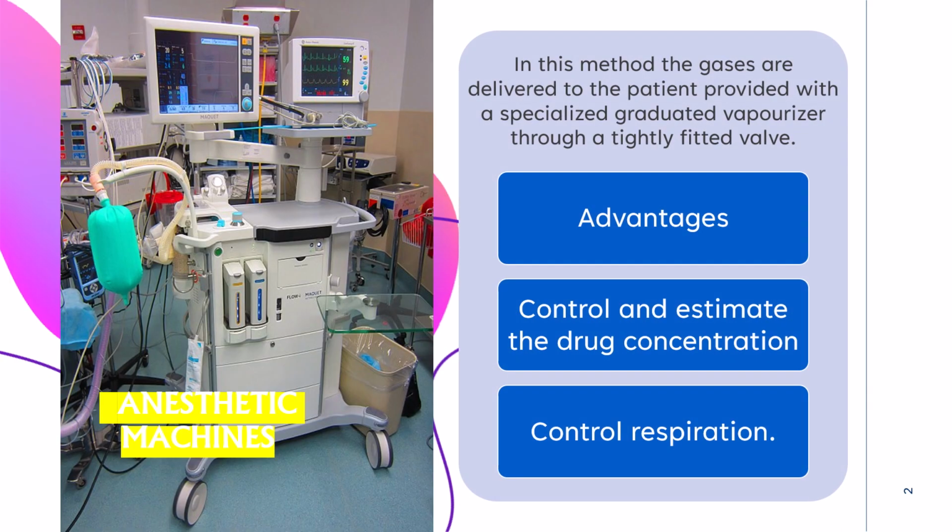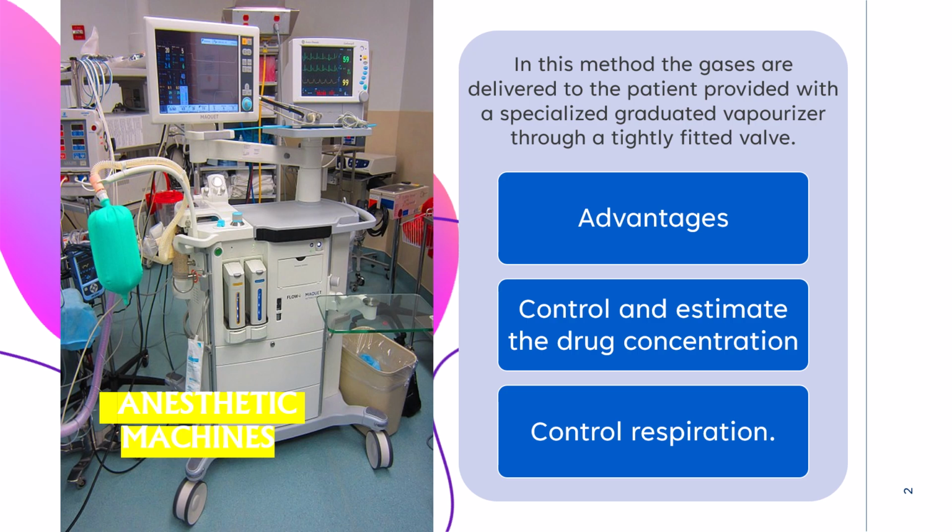The second one involved in anesthesia is by using an anesthetic machine. This is the picture of the anesthetic machine. In this method, the gases are delivered to the patient, supplied via the cylinder.